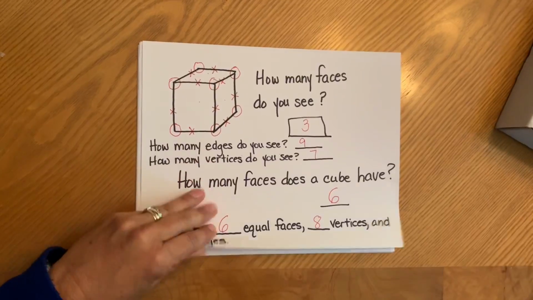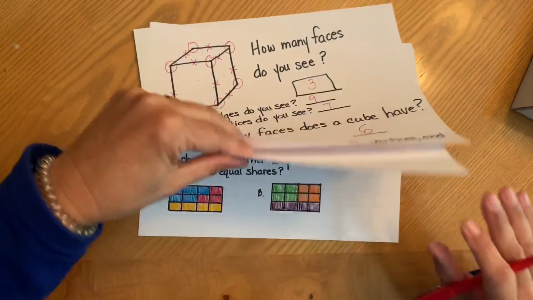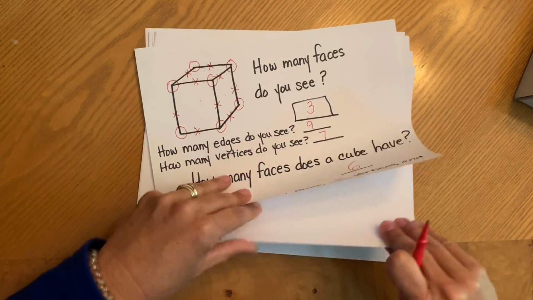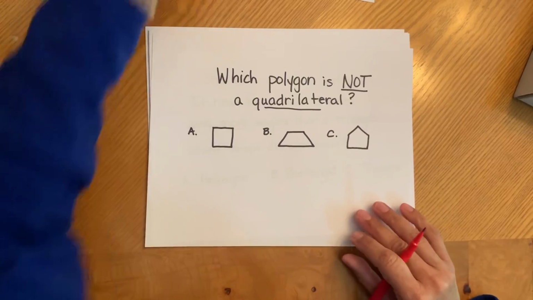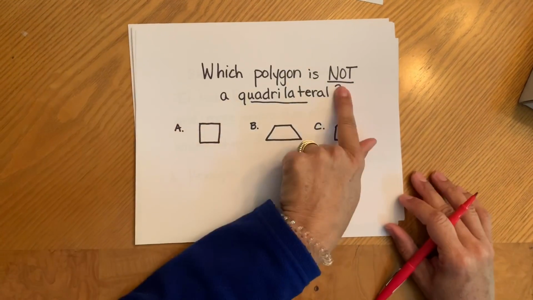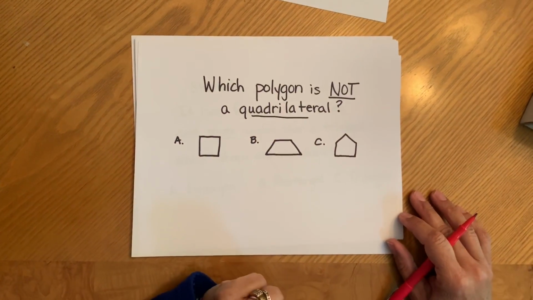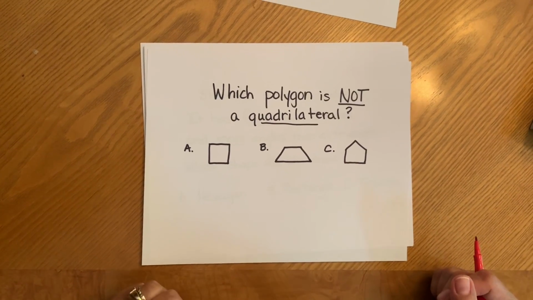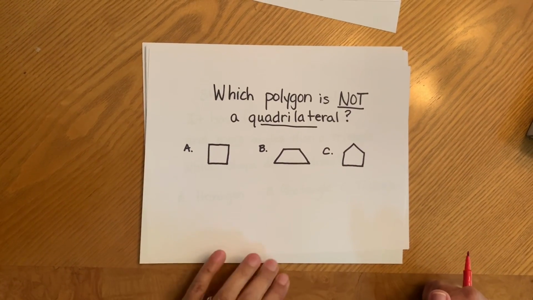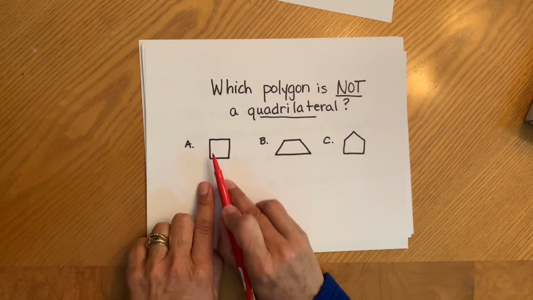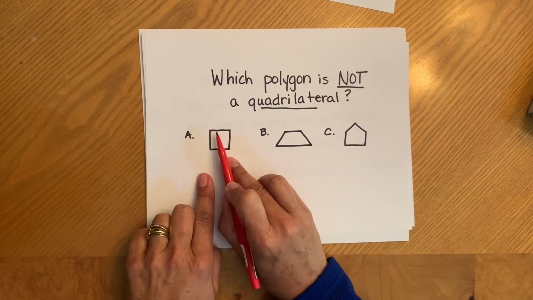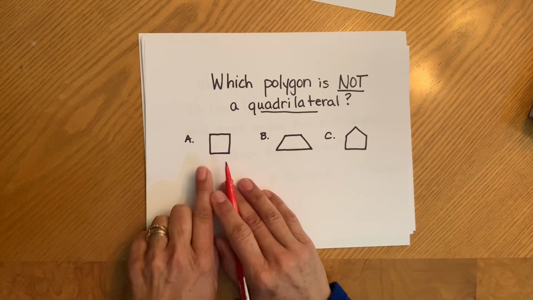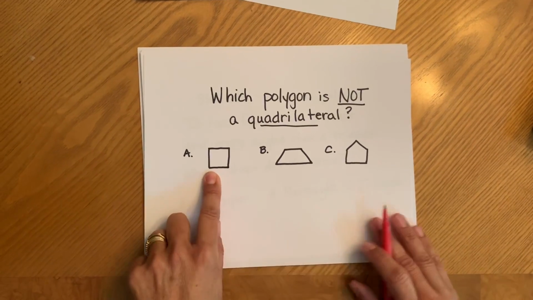All right, next question. Oops, wrong one. Which polygon is not a quadrilateral? When we think about a quadrilateral, remember it has 4 sides, 4 angles, 4 vertices. This one has 4 sides, 4 angles, and 4 vertices, so you would not choose that one.